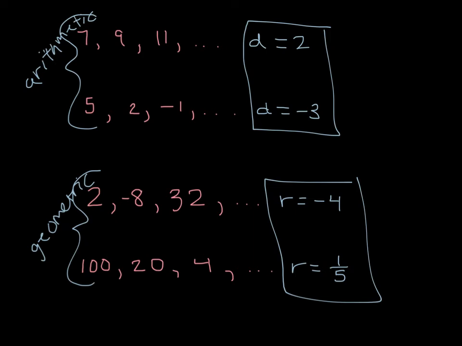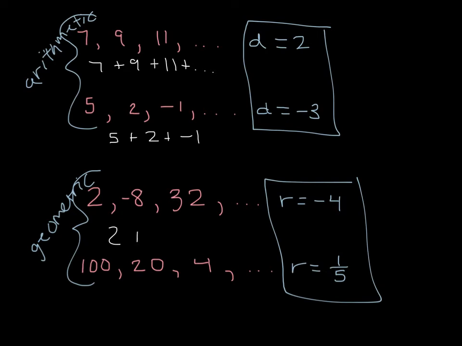Now these four sequences I have laid out, those are sequences because it's just a list of a pattern set of numbers. But if I wanted them to be a series, instead of having 7, 9, 11, I might say 7 plus 9 plus 11 plus ... Okay, so series are the sum of all the items in a sequence, and so we write it with our addition symbols between our terms.